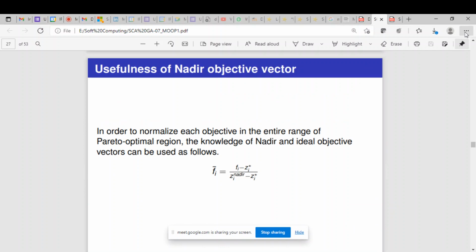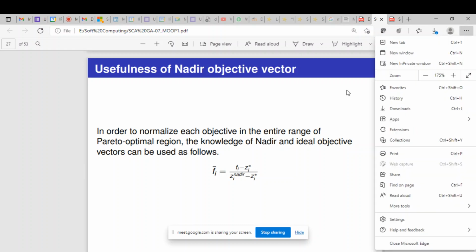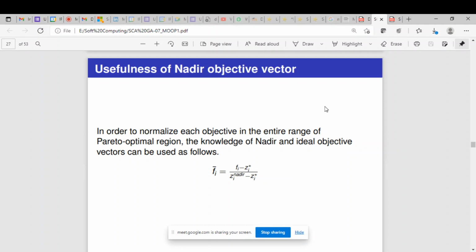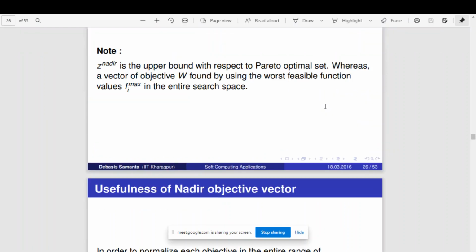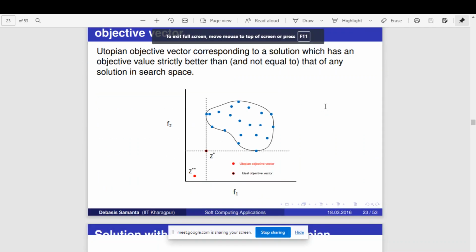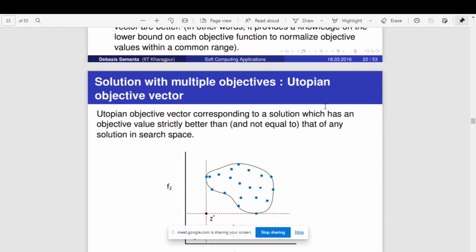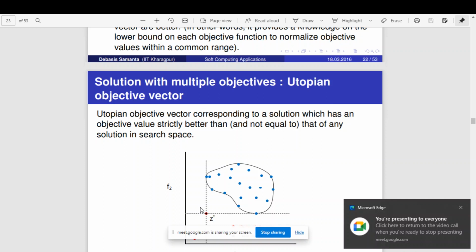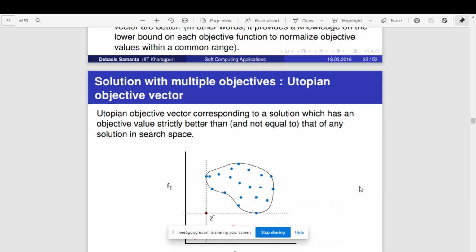We discussed what an ideal objective vector is, and using an ideal objective vector, how we can identify the utopian objective vector. Okay.